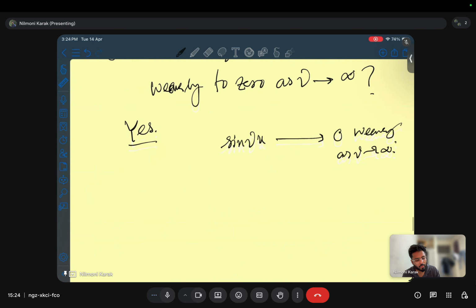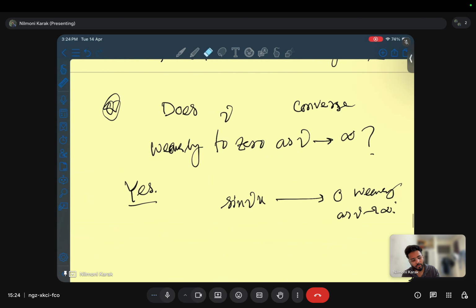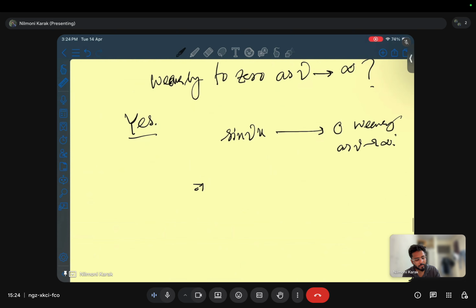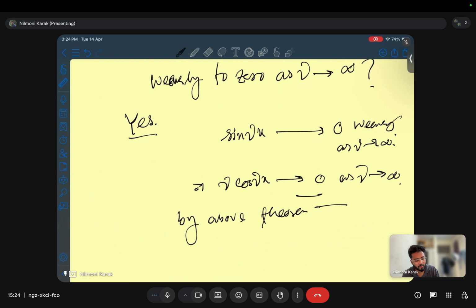So, sorry, this is cos(nx). What is the derivative of this? So 0. So by the above theorem, the derivative of the sequence cos(nx) and the derivative of 0, which is 0.